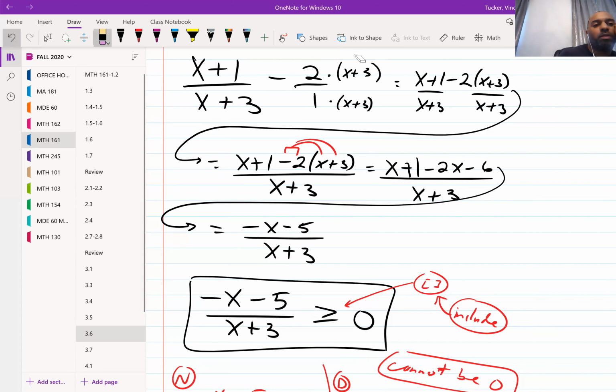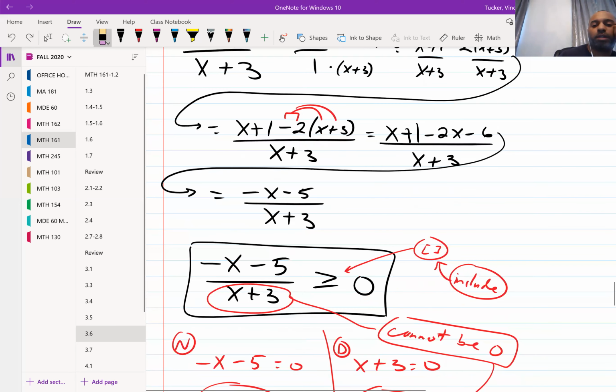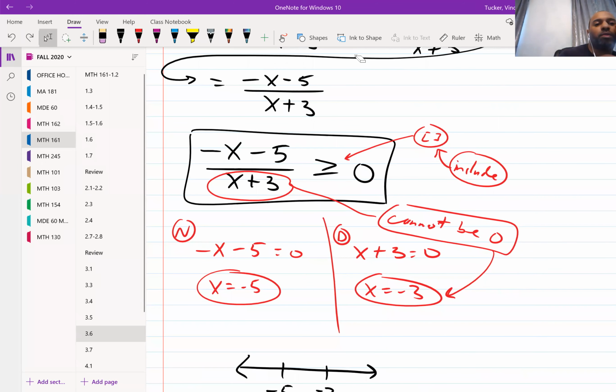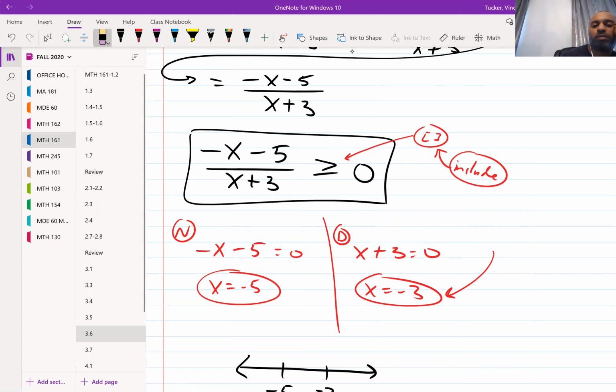All right. So once again, we want to set each piece, numerator and denominator, equal to 0. So -x - 5 = 0, which gives x = -5. x + 3 = 0, so x = -3.